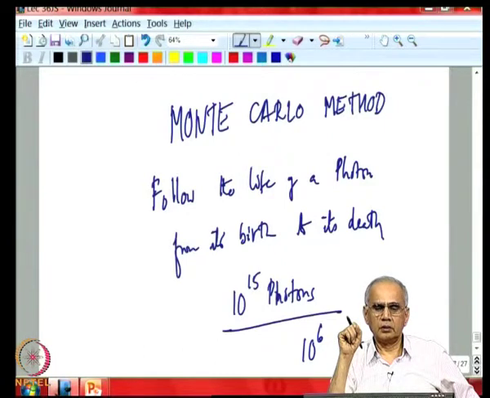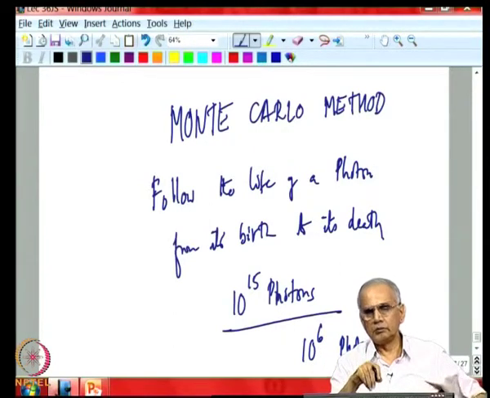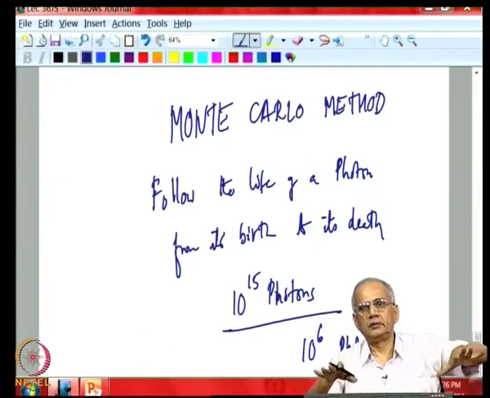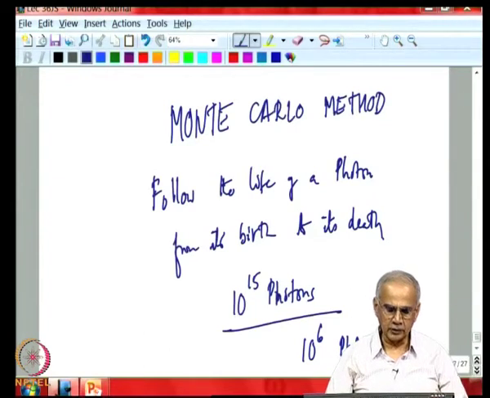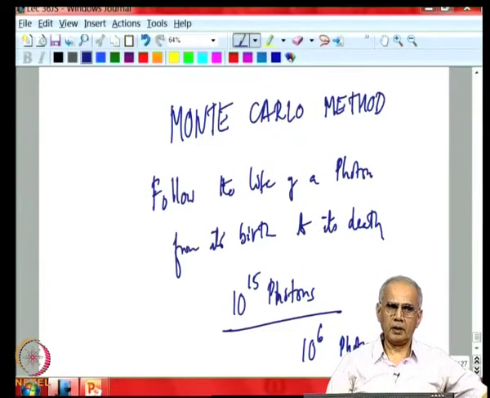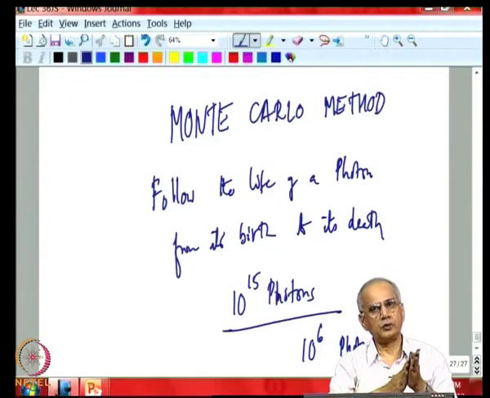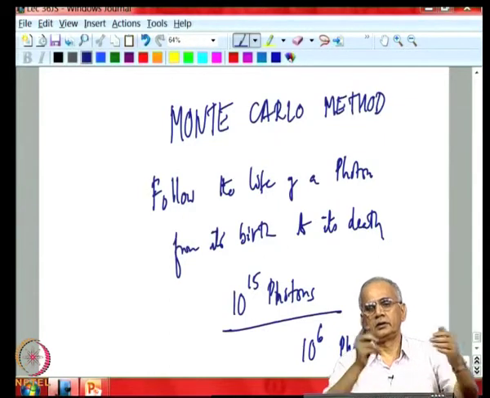Now, why is this method getting popular today? It is getting popular because computers are getting faster. Parallel computing enables you to follow thousands of photons in parallel, because the basic assumption we are making in all the analysis is that each photon does not interfere with the life of another photon. So, all photons have independent lives, they do not interact with each other, and if that is the case, then of course you are at liberty to run these codes in parallel.